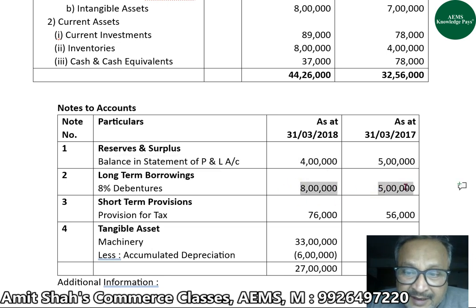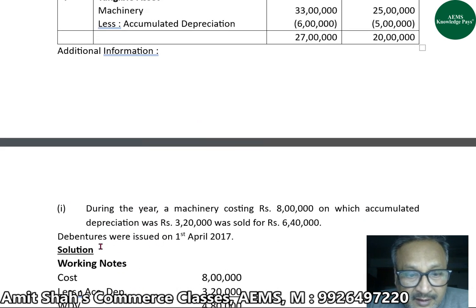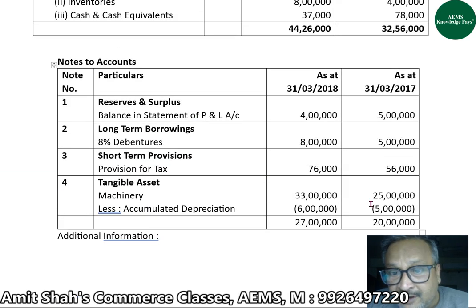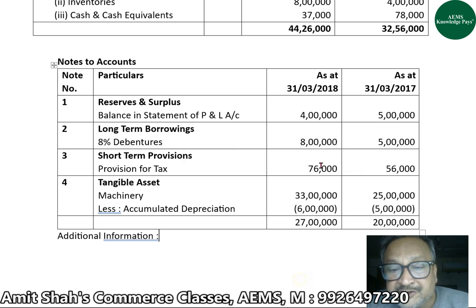Debentures are increasing by 3 lakhs. So this again will go under financing activities. And these debentures were issued on 1st April 2017, that is at the beginning of the accounting year 17-18. It means on these debentures of 8 lakhs for the entire year, there is interest payable during the accounting year 17-18 at the rate of 8%.